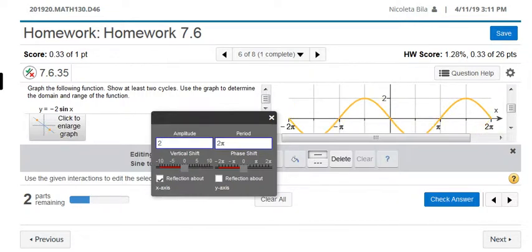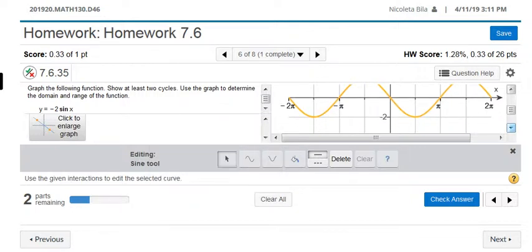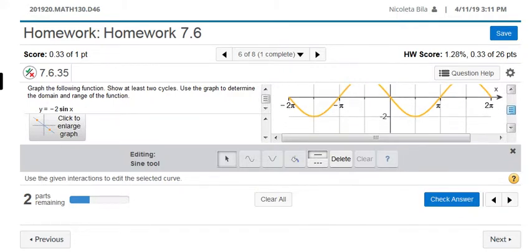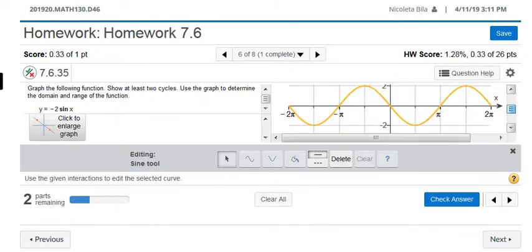You may want to review the section on graphing transformations from Precalculus 1, where you are told the basic transformations. One of them is a reflection about the x-axis.